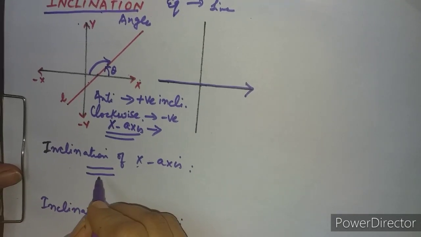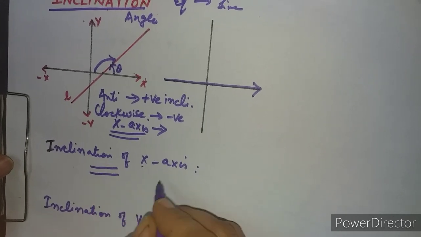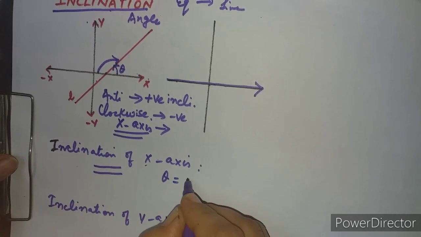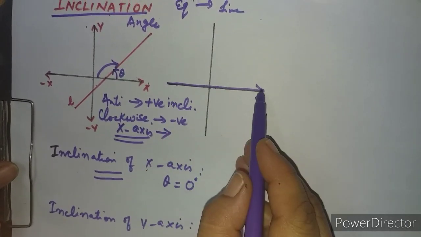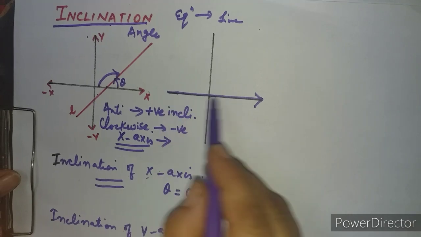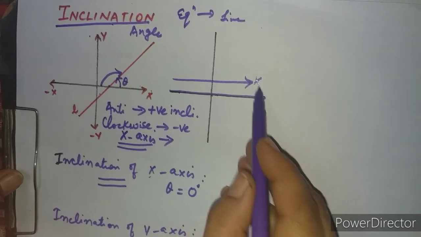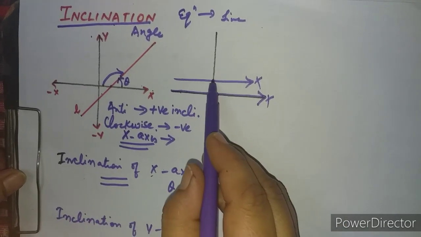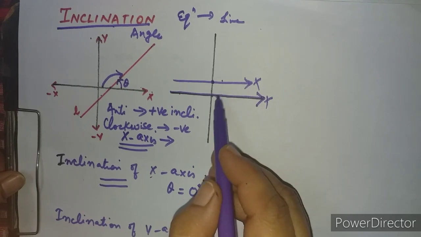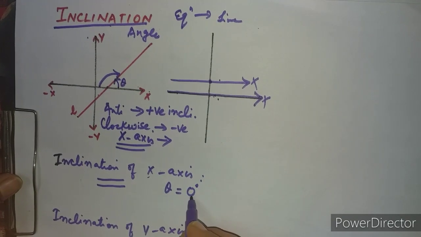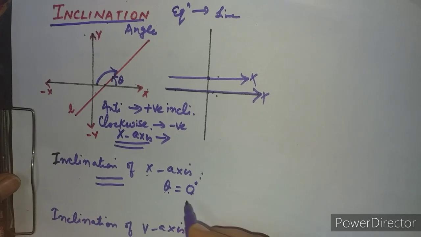All of you know the angle between parallel lines, theta, is always 0 degrees. The x-axis is parallel to the x-axis: both will coincide, or the other x-axis can be drawn parallel with its own origin. So the angle of inclination of the x-axis will be 0 degrees only, remember.